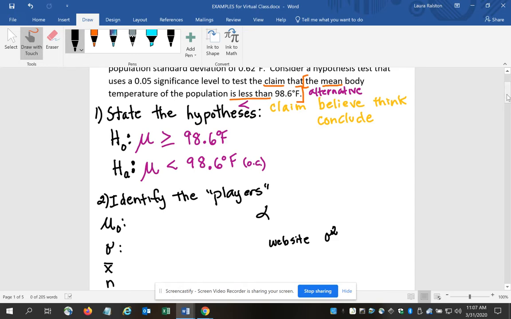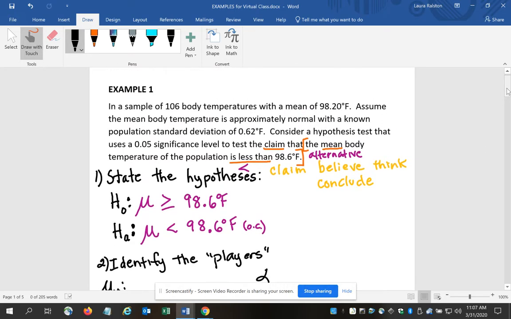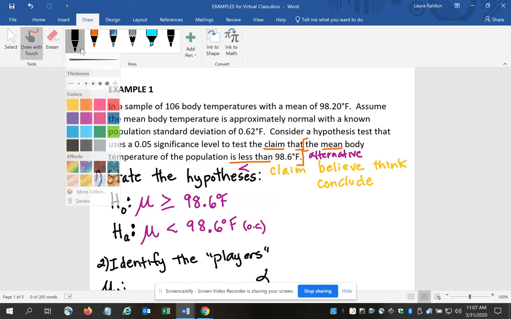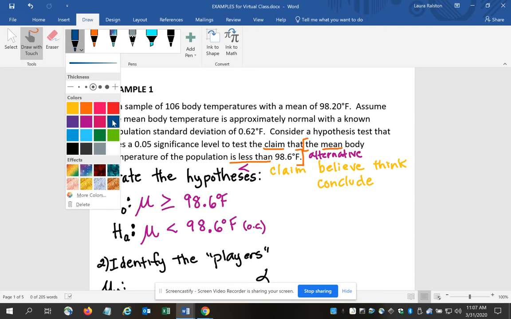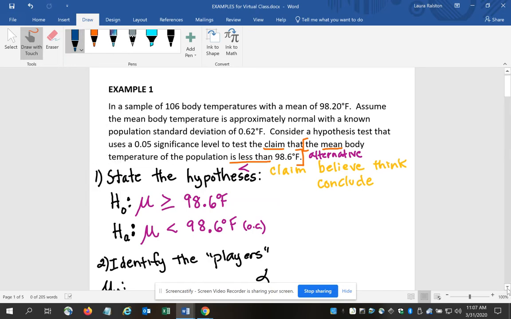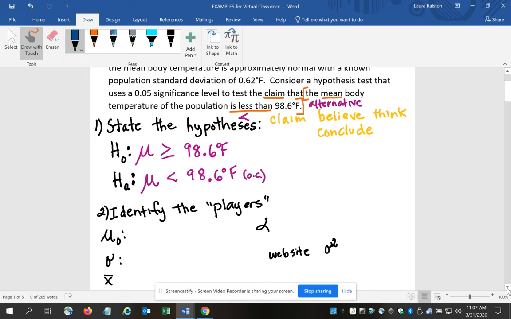So if I go back and read through the problem, the population mean comes from the hypothesis. So the population mean is 98.6 degrees Fahrenheit.